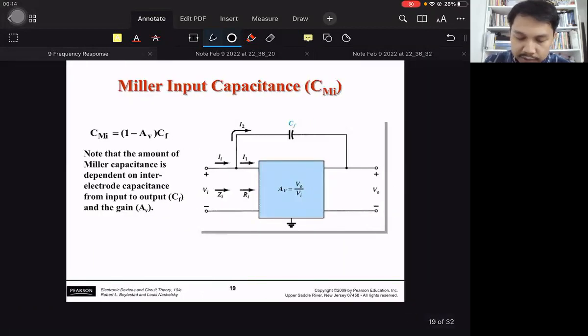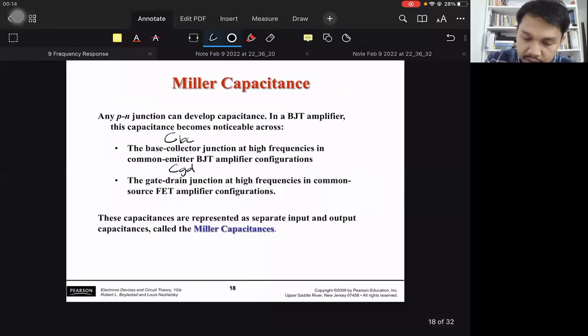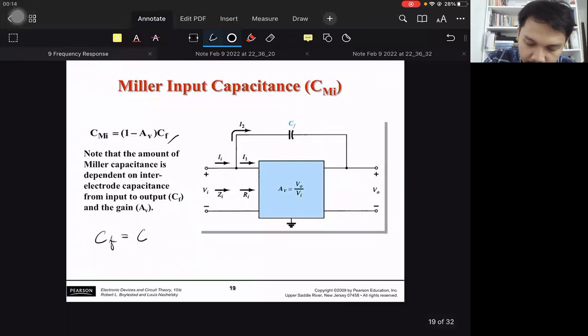So for the input side, this is the formula for the Miller capacitance: 1 minus AV times CF, where CF is equal to CBC for a BJT and CGD for a FET.